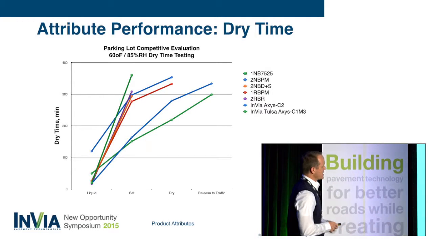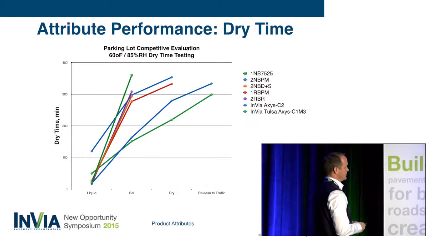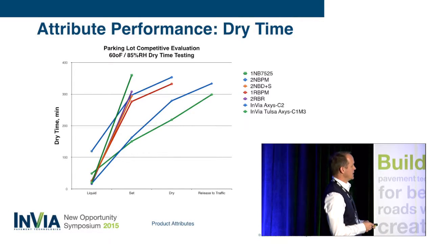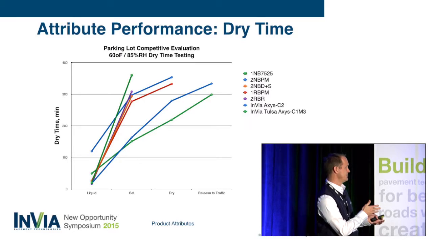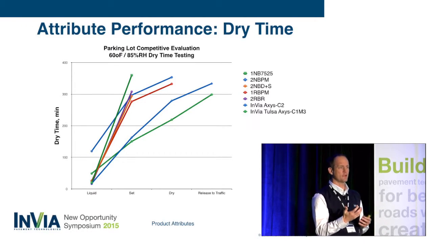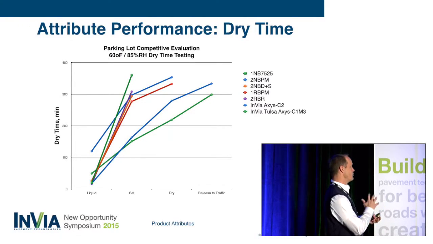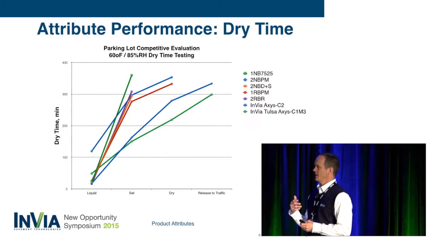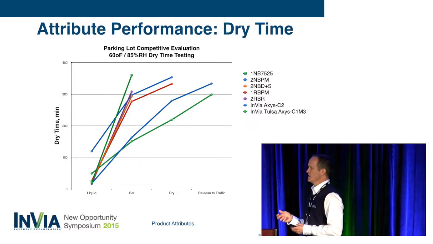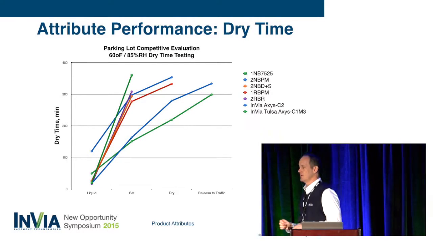We did a pretty comprehensive benchmark study on some common competitors. I say common. For most of the markets, these are what we hear from our account managers and our licensees. These are, in most cases, the most prevalent competitors we're up against, whether it's Texas or Missouri. These are parking lot sealers, by the way.